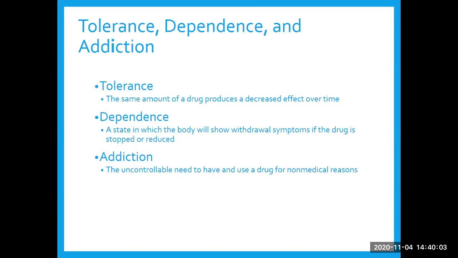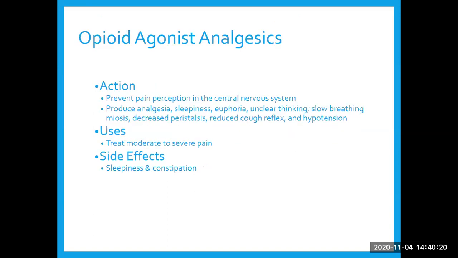Dependence and tolerance are different from addiction, because addiction is the uncontrolled need to actually have and use the drug for a non-medical reason at that point. And that's more like a really psychological dependency on that type of medication. And so, again, your top safety tip, make sure you look at all of those.